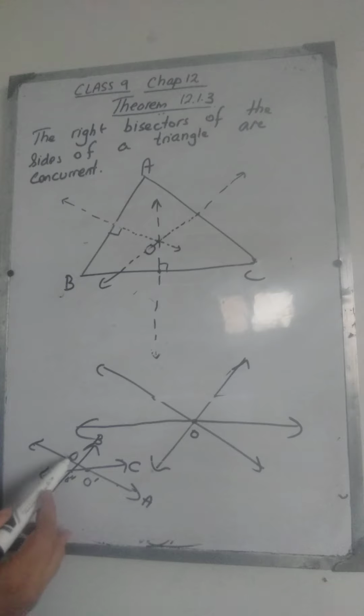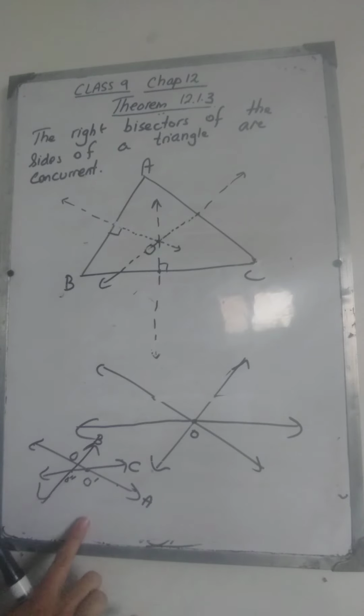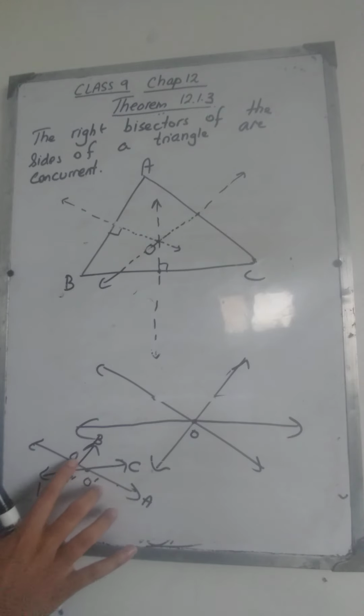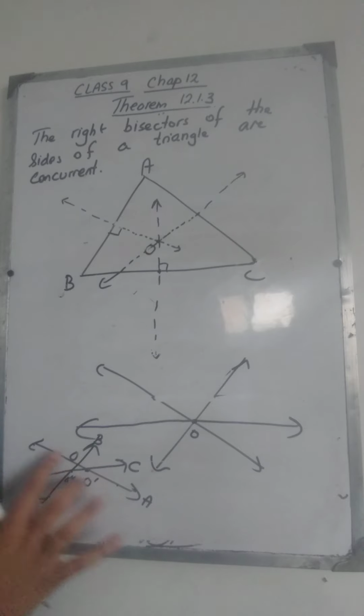Now you can see that all three points are different. Then we say that these lines are not concurrent. They will be concurrent if this line also passes through the point O, so that O and O double dash are the same point. If this line passes through the same point O as lines A and B, then we say that these lines are concurrent.